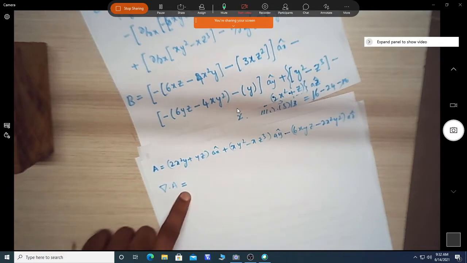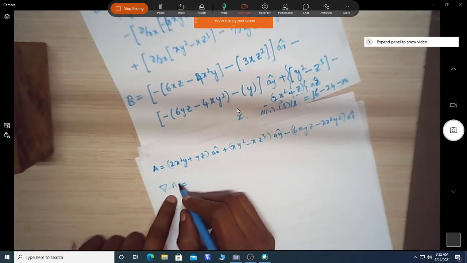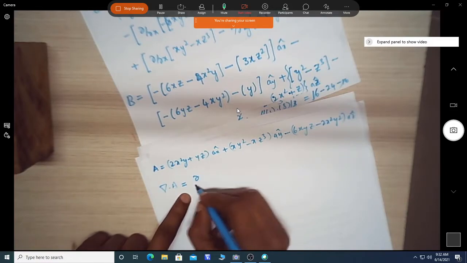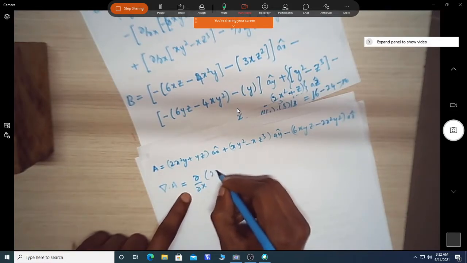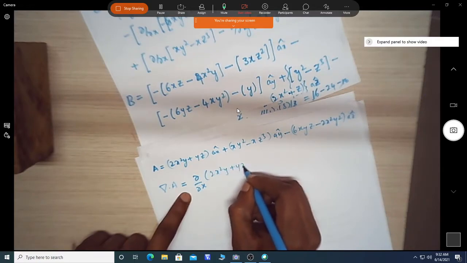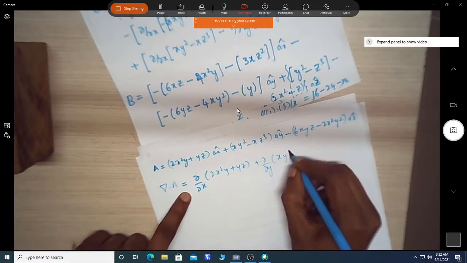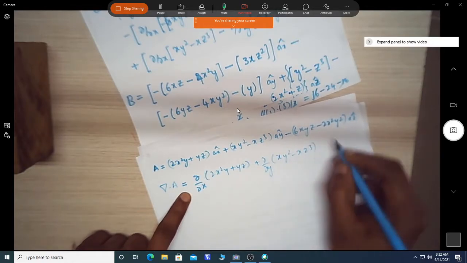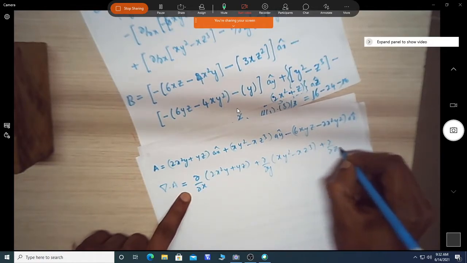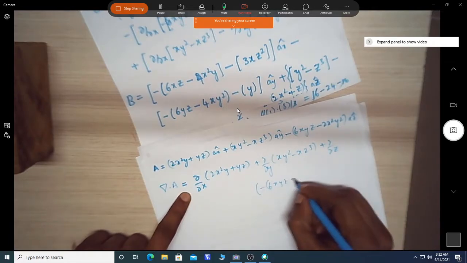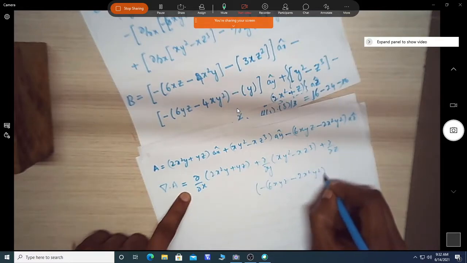So now differentiate each component with respect to its own variable. This will give del by del x of 2x square y plus yz, plus del by del y of xy square minus xz cube, plus del by del z of minus 6xyz minus 2x square y square.